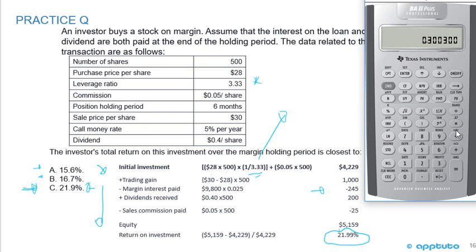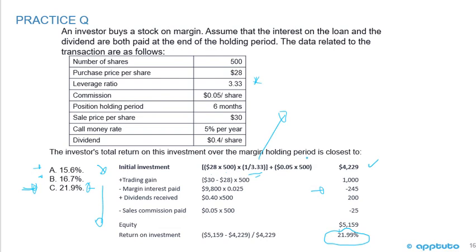Okay, so that would be times the $28 and times the 500 shares that we're buying. And so our initial margin would be 4,204, but we're not done yet because we have to add the commission, 5 cents times the 500 shares. So we have initial equity of 4,229, okay?